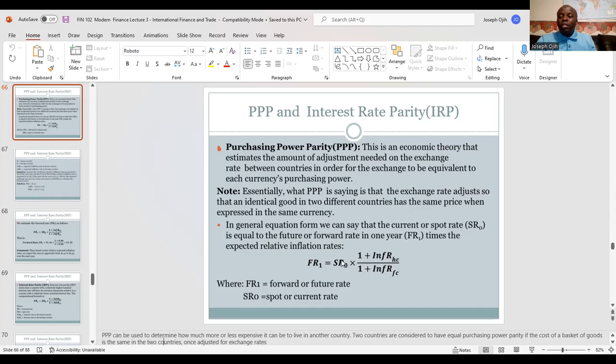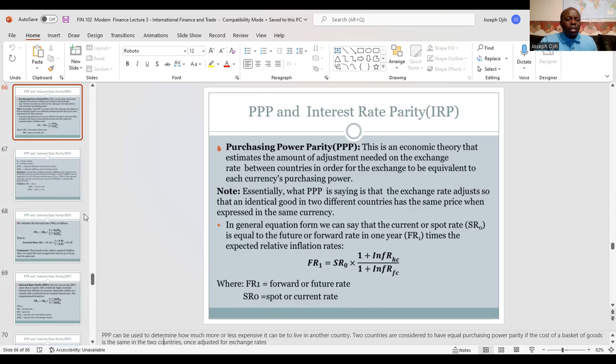Now, SR0 is the spot rate, which is the current exchange rate. Usually we want to estimate what the forward rate would be, which means what the future exchange rate would be.